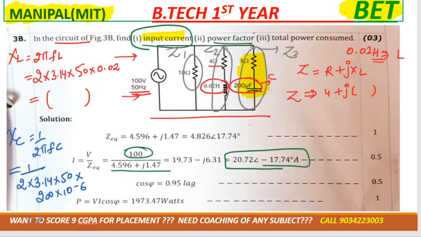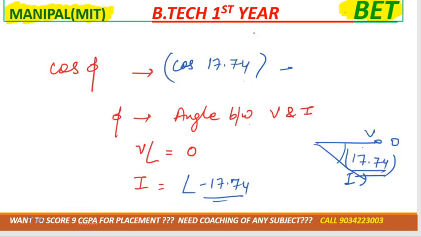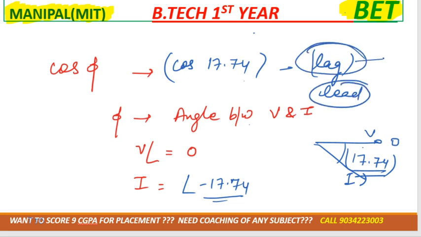Whatever answer you get, if it is negative then you write lag, if it is positive then you write lead. Basically power factor is divided into two categories, lagging and leading. For negative, when the angle is formed downward we write lag, and if the angle is upward we write lead.